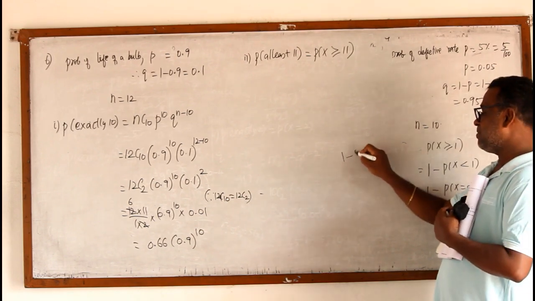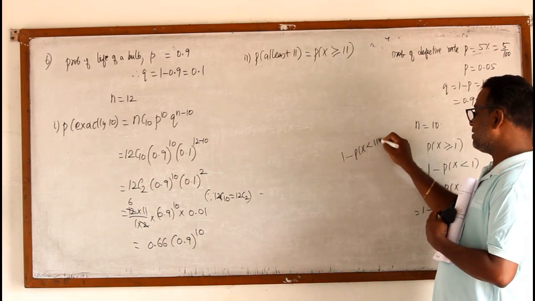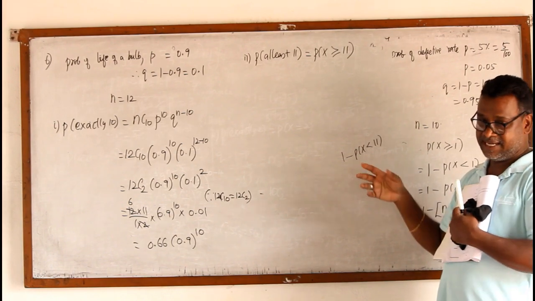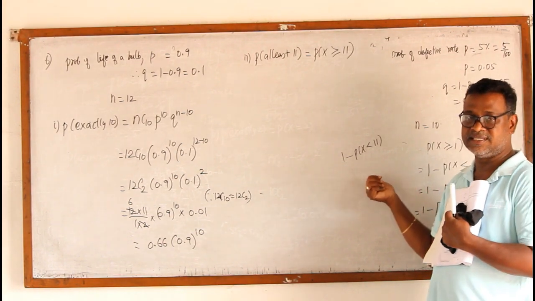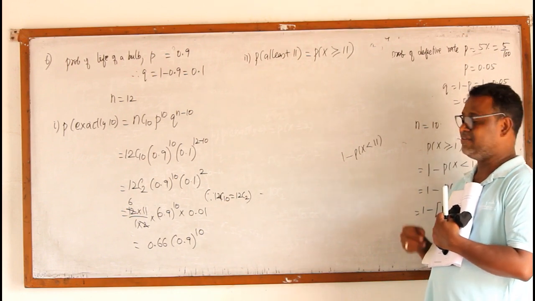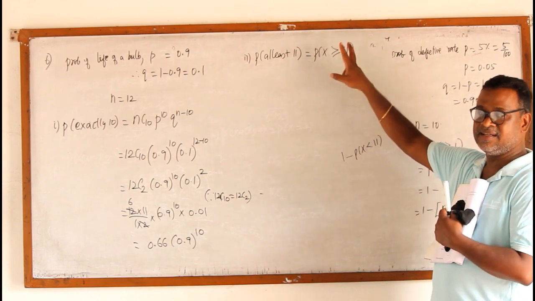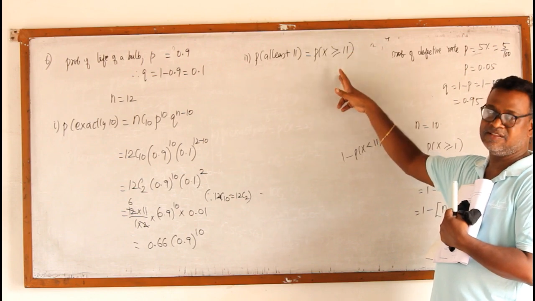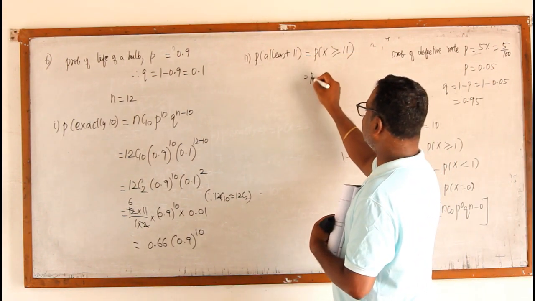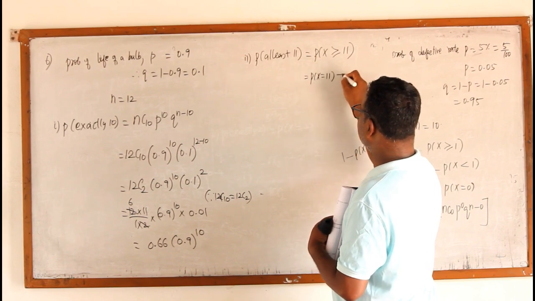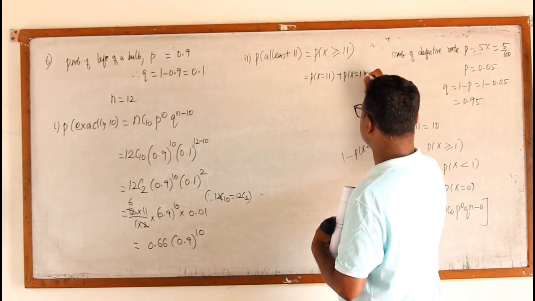Here, if I write 1 minus P of x less than 11, we will be trapped because I will be finding 11 probabilities, 0, 1, 2, 3, 4, 5, 6, 7, 8, 9 up to 10. So, better we shall find this one straightly because they are the probabilities only for 11 and 12. That is P of x equal to 11 plus P of x equal to 12.